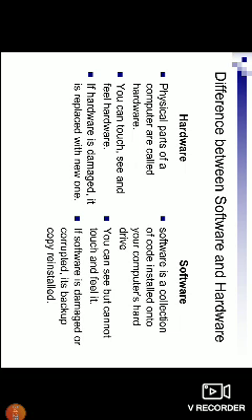In hardware you can touch, see and feel it, whereas software you can see but cannot touch and feel. If hardware is damaged, it is replaced with a new one. If software is damaged or corrupted, its backup copy is reinstalled.